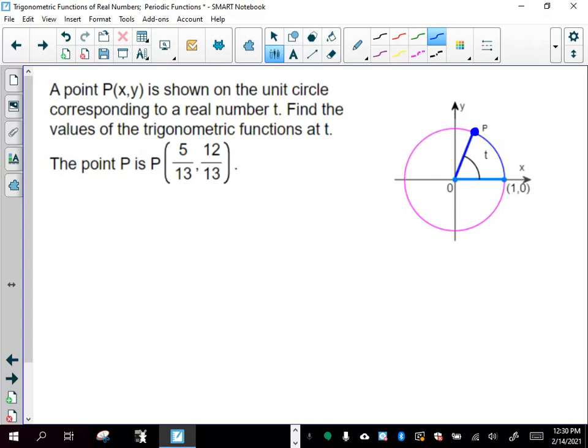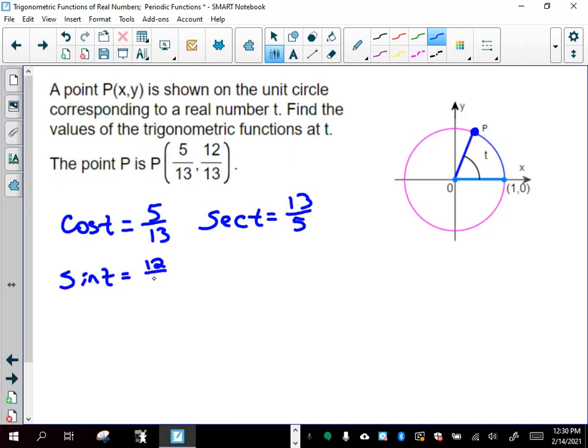All right, welcome back. So let's see how you did. If you did everything correctly, we have cosine of t is 5 over 13, which means secant of t is 13 over 5. We have sine of t is 12 over 13, which means that cosecant of t is 13 over 12.